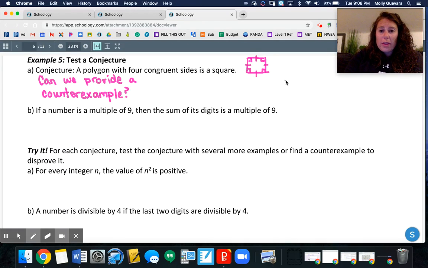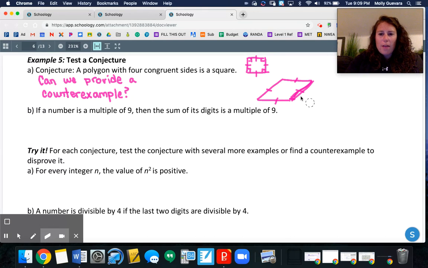What that leads into is, what if my angles weren't 90? What if I shifted this into something like this, right? All 4 sides are the same, and I know they're the same because I drew those tick marks. However, the angles are not 90, because it doesn't say anywhere on here that the angles have to be 90.